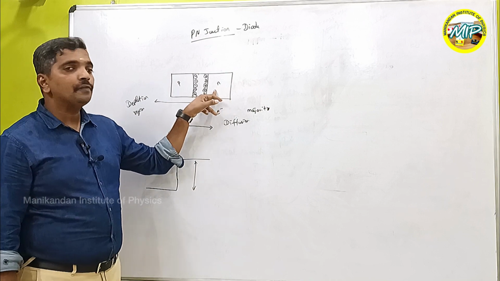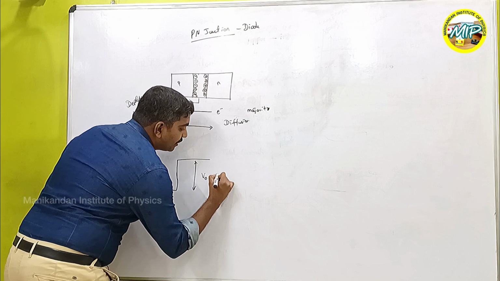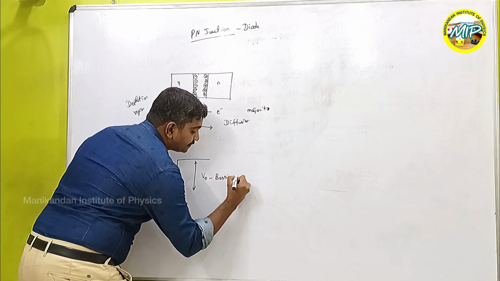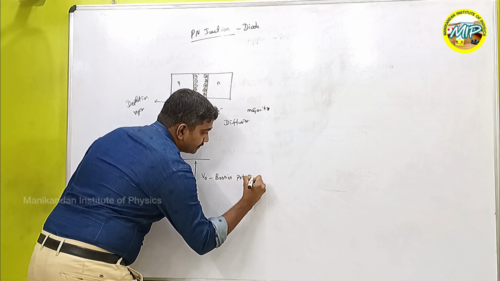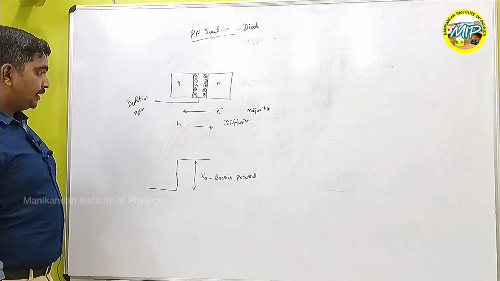So there is no further flow of electrons from here to here. This particular potential is called the barrier potential.